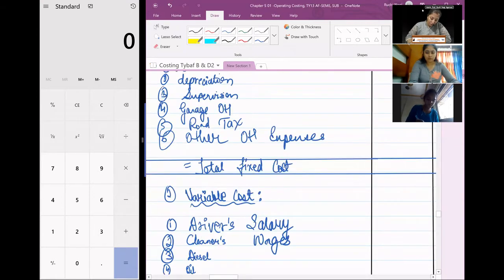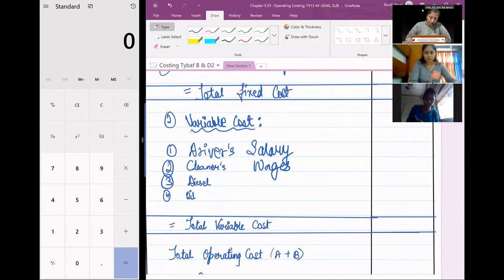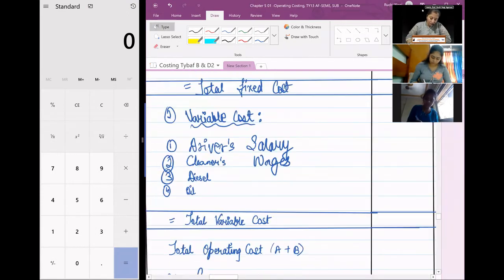Then write your probable variable costs. Then we'll directly just substitute the values. The probable variable costs are driver's salary, cleaners' wages, diesel, oil. So there are 4 variable costs and 6 fixed costs.